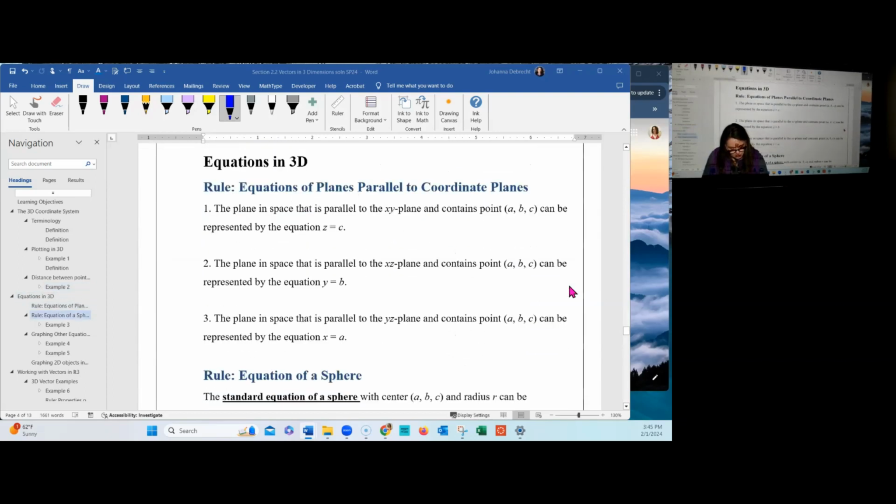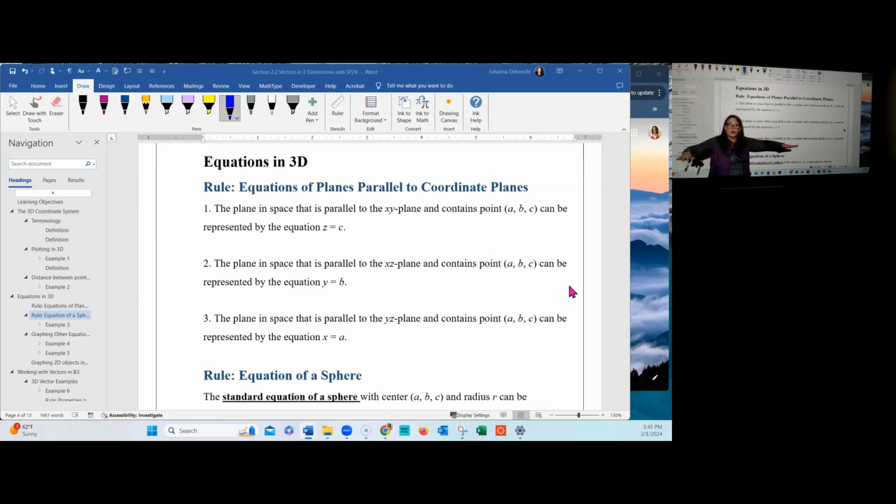Let's now take a look at a more simplified way of describing things. If we want to take a plane in space and have it be parallel to the XY plane, which most of the time students visualize as the floor, all right? So the floor of the room is the XY plane.